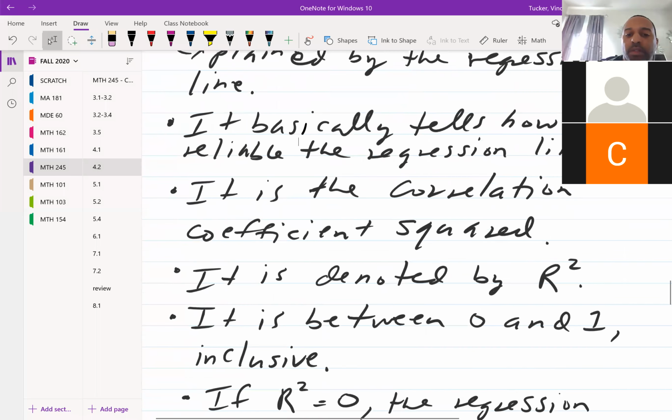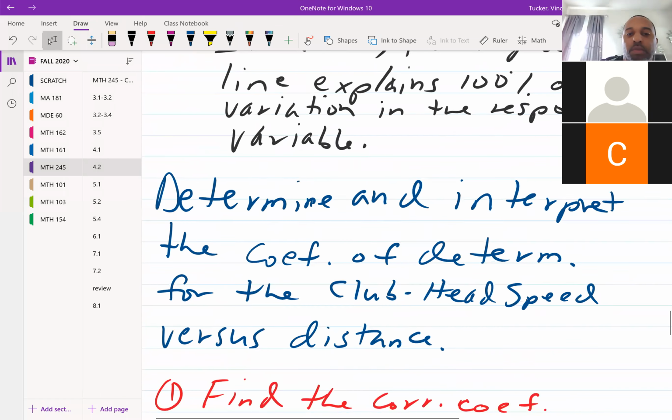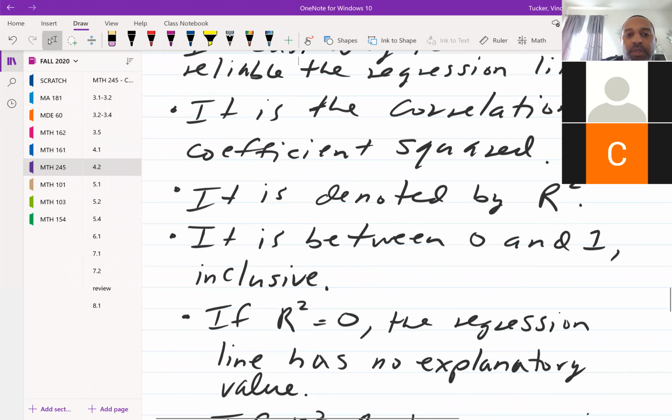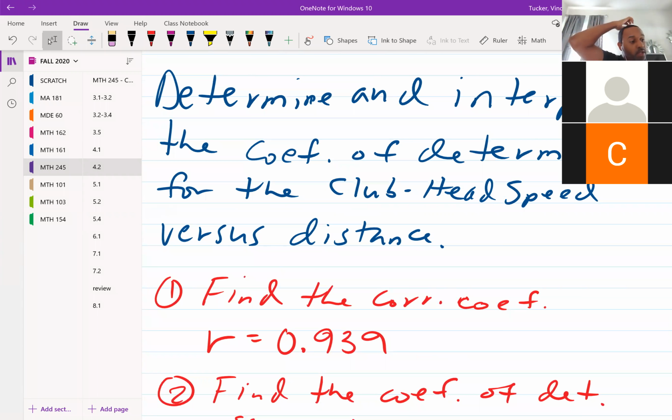All right, let's see. I think that was it as far as those notes are concerned. Okay, so let's look at this one. And this one may be worth copying, especially when we get to the explanation.